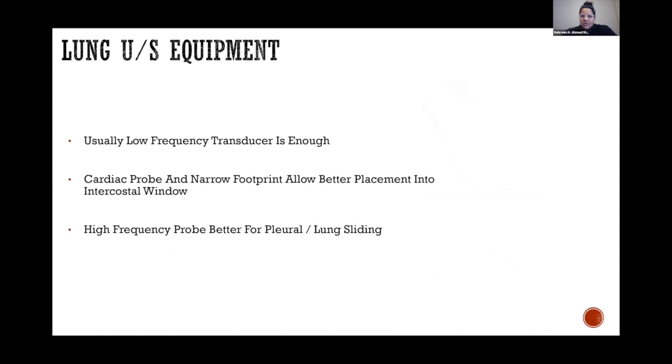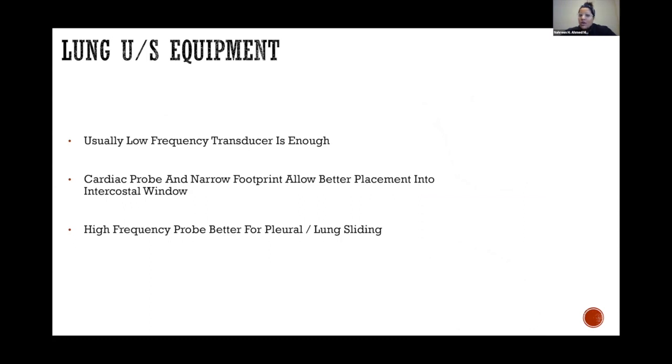As I said, the low frequency transducer is usually enough. The cardiac probe, which is the low frequency transducer, has a narrow footprint that allows for better placement in the intercostal window. So remember the basics of ultrasound. Ultrasound has everything to do with sound waves being transmitted through different structures in the body. And something to remember is that bone deflects all of the sound waves.